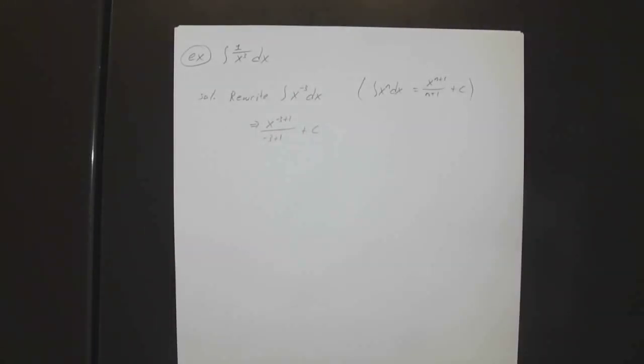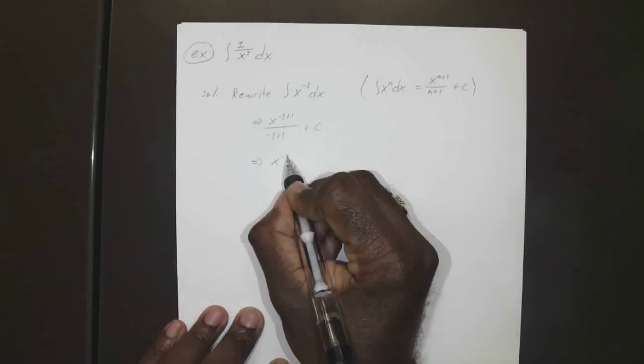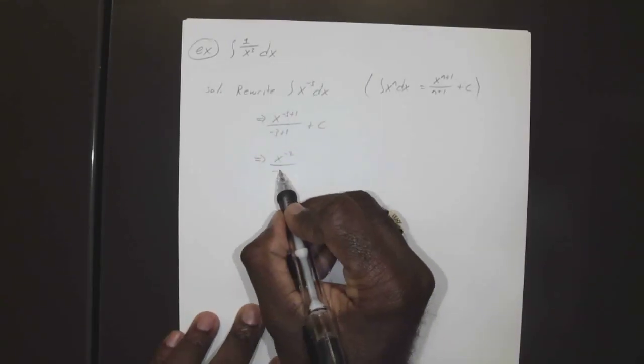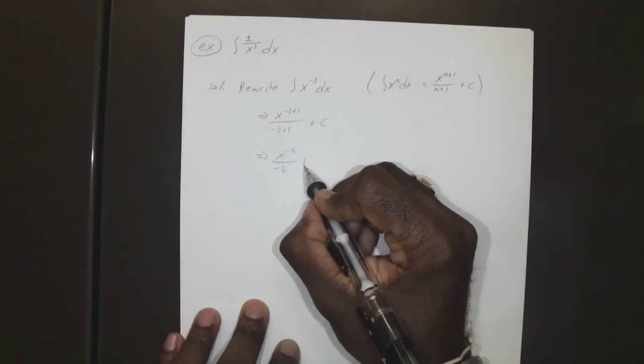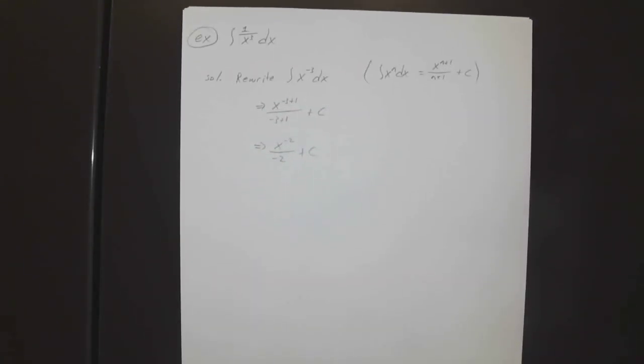which gives us x to the negative 2 over negative 2 plus c. So what is c? Just any random constant, because there's no way of knowing what c actually was, correct? Well, you can, and we'll do that for initial value problems, where you can actually solve for c, but they have to give you a point on the graph.